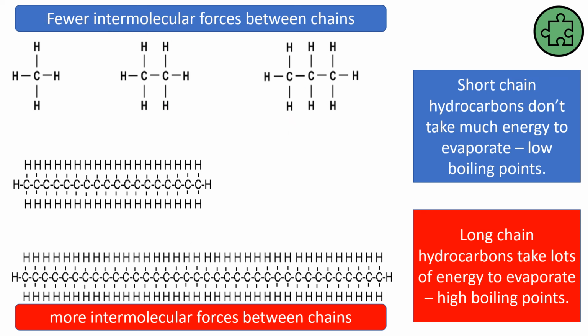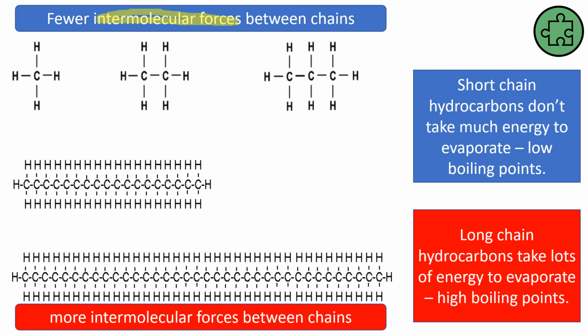This one here, my intermolecular forces. This is what we're talking about here. And because the molecules are small, there are fewer intermolecular forces between these chains. So between this molecule and this molecule, there is an attraction, there is an intermolecular force, but it's not very strong. So it's not going to take a lot of energy to break it, and that's why they have low boiling points.